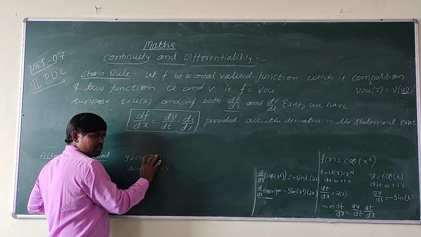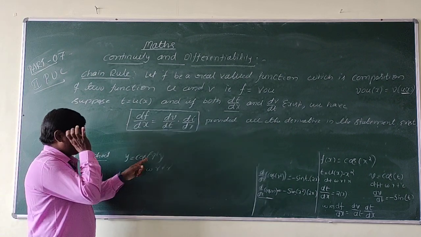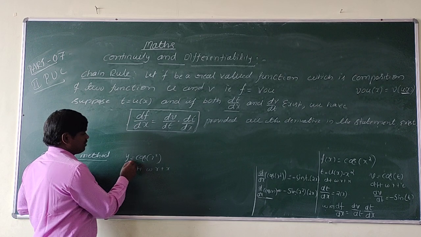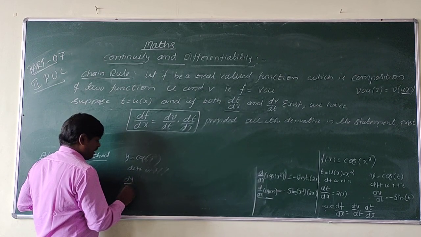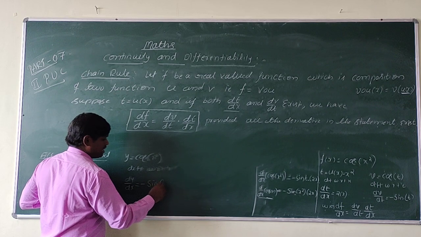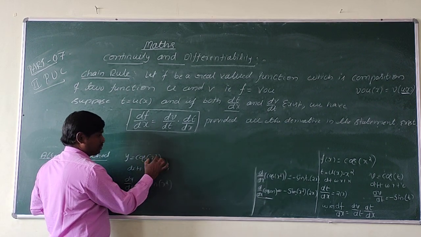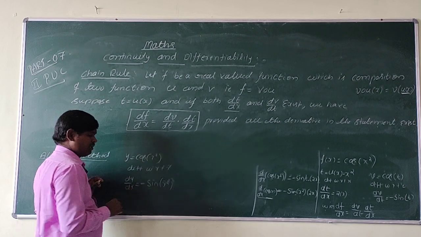You actually have x square there, but I am just taking it as x. So dy by dx is equal to the differentiation of cos x, which is minus sin x square. Whatever the value is there, I keep it the same.